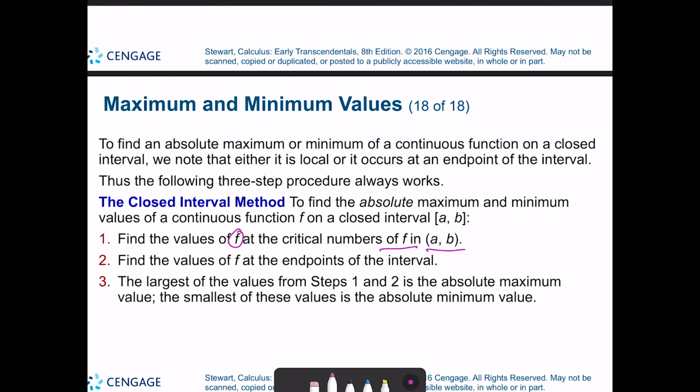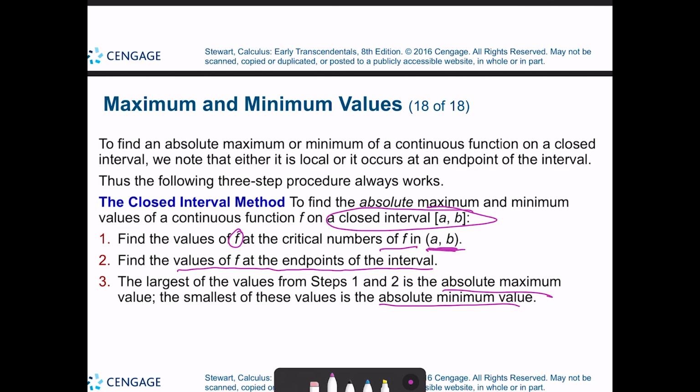We're operating on a closed interval, but we're only going to look for critical values on the open interval. Then we address the square brackets on that closed interval by finding the values of our function at the end points of the interval. And then we're going to compare the values that we find in steps 1 and 2 in order to determine the absolute maximum and the absolute minimum.